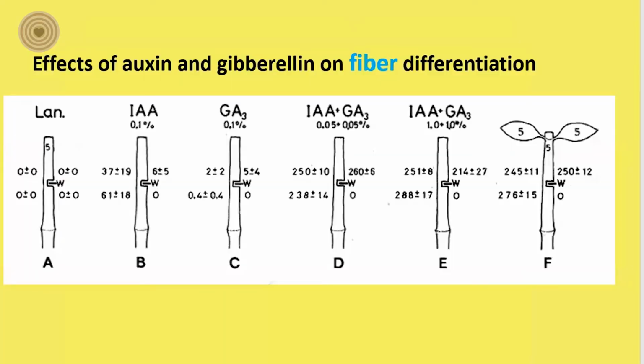A simple experiment can show you the effects of auxin and gibberellin on fiber differentiation. On the left side, you see all these plants: the upper parts were removed, all the leaves were removed, only in the F treatment I left the leaves, and you can see that below the leaves there are numbers.